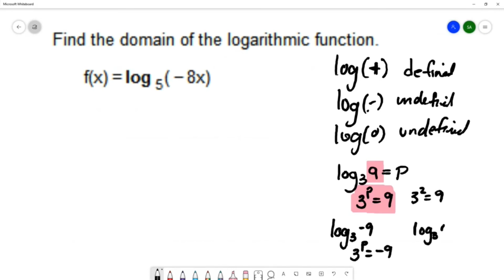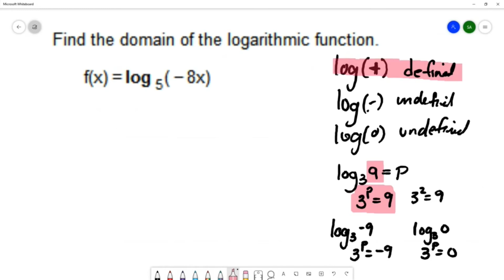Log base 3 of 0, 3 to what power equals 0. Once again, it's not possible to take a positive number and raise it to a power and get 0. So a log function is only defined for positive values.